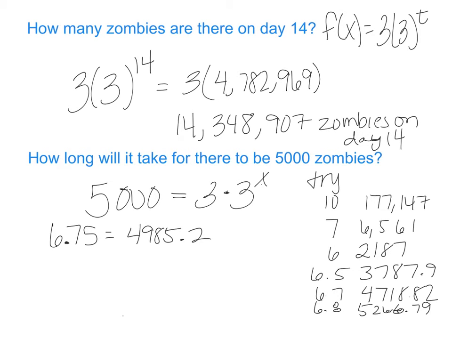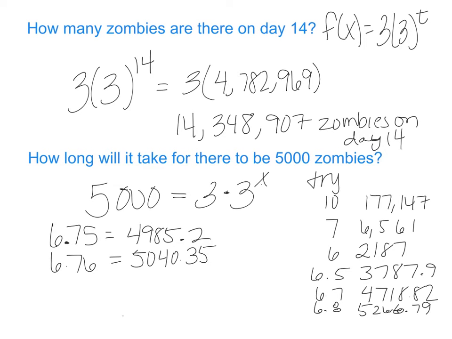So here, if I was asked for 2 decimal places, we could pretty much say between 6.75 and, let's see what 6.76 gives me. 3 to the 6.76 times 3 gives me 5,040.35.